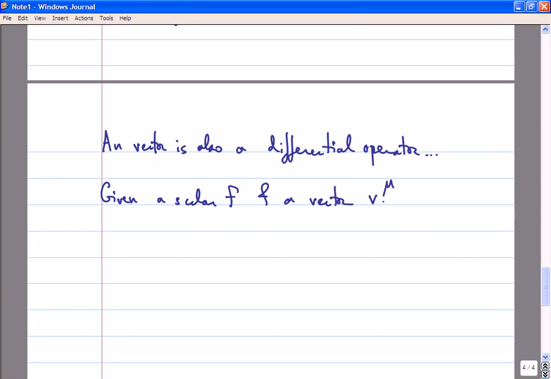Then we can define the following object, which I'll just call v, without an index on it, which is the sum over mu of v mu d by dx mu. So this is a differential operator. It's the sum of the 4 derivatives d by dx mu contracted with v mu.